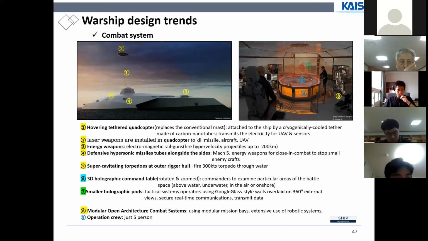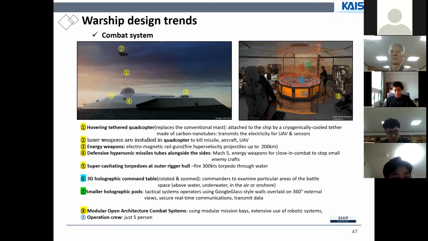Energy weapons, electromagnetic railguns inside that, just like in our films, Star Wars, and defensive hypersonic missiles fused inside the side like that.